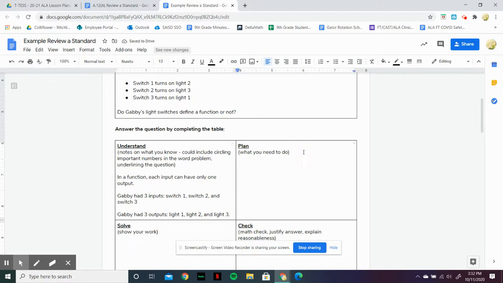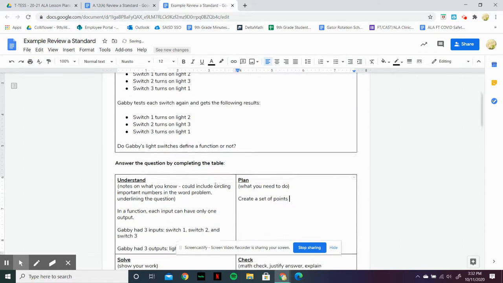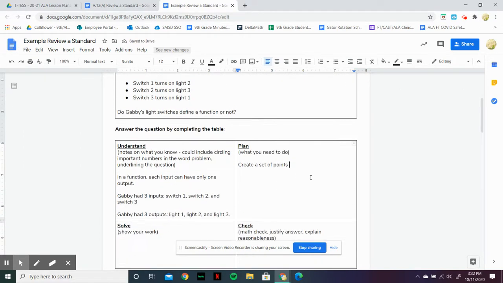On my plan for this problem, my plan is going to be to create a set of points for the first and second time that she tests each switch.